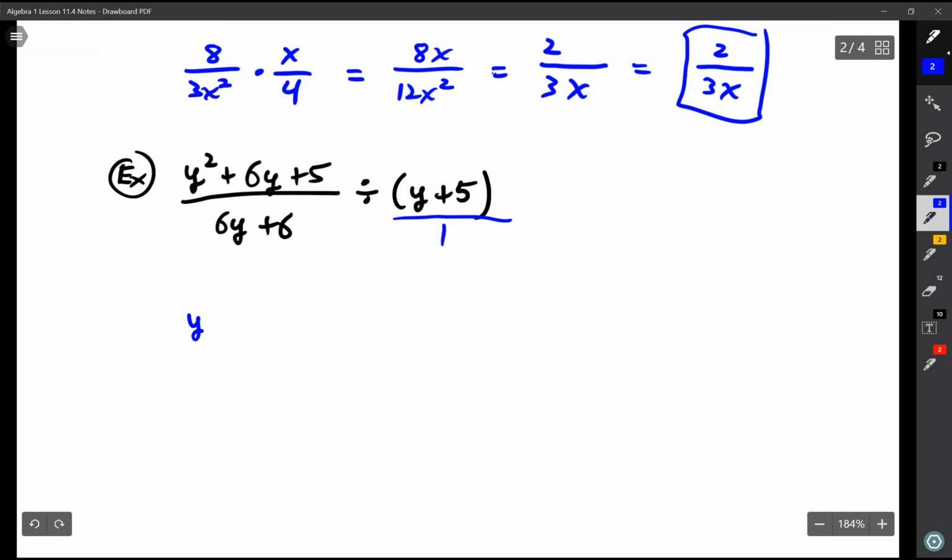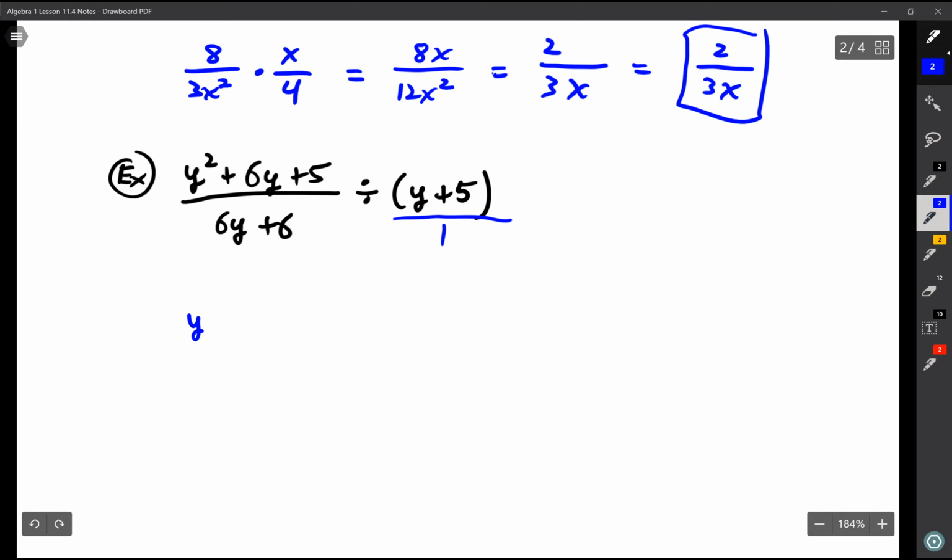All right, so now this should look like one of the multiplication problems we did, where we have this quadratic polynomial that we should factor. So I want two numbers that multiply to be 5 and add to be 6. Well, 5 times 1 is 5, and 5 plus 1 is 6. So this factors to be y plus 1 times y plus 5.